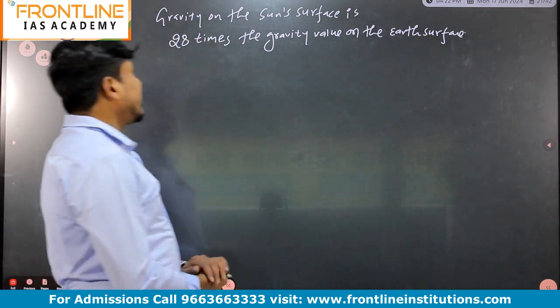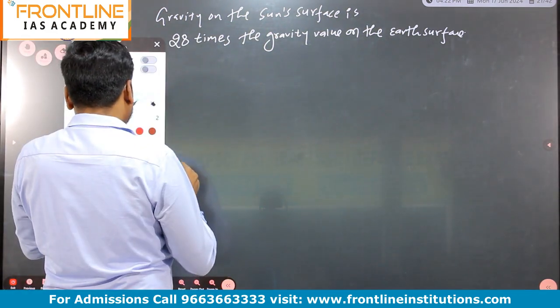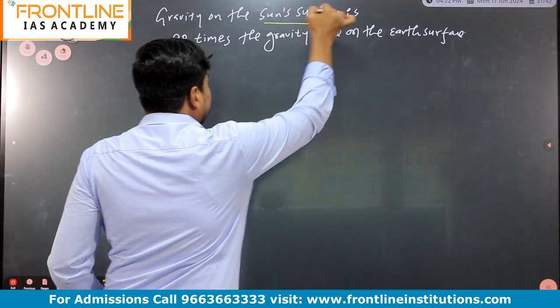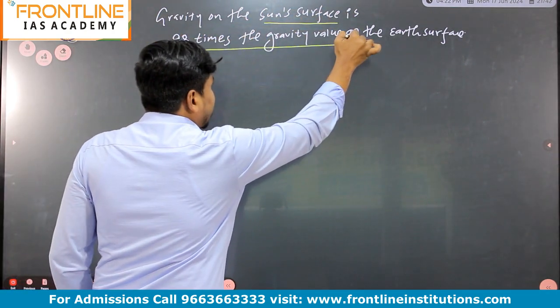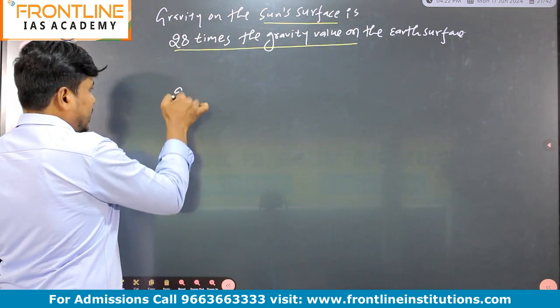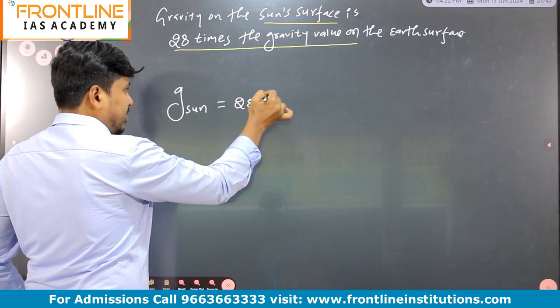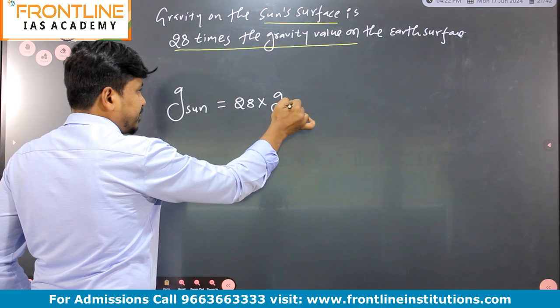Very important point. So that is G sun is 28 times G earth.